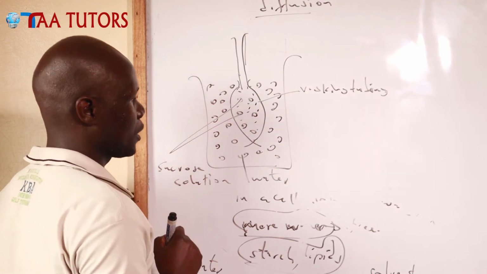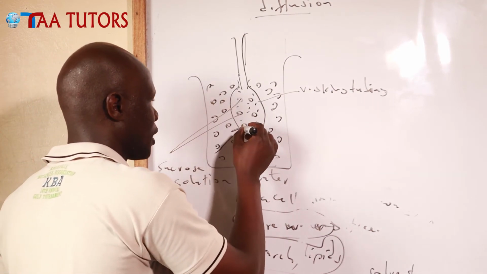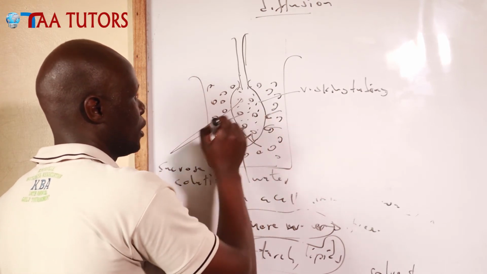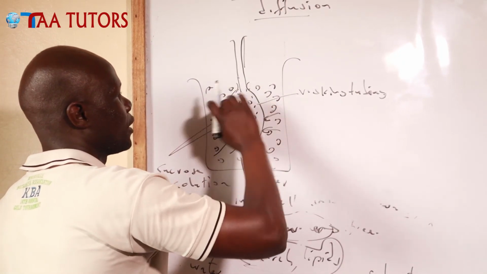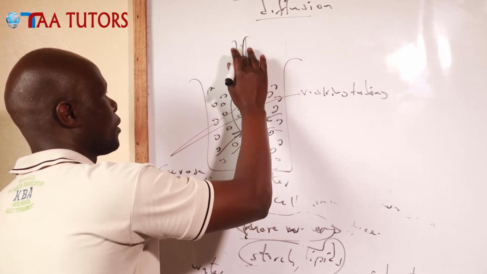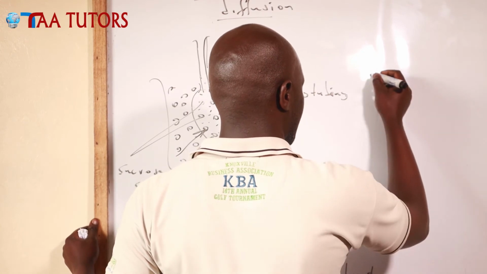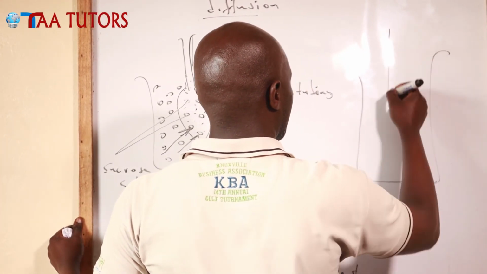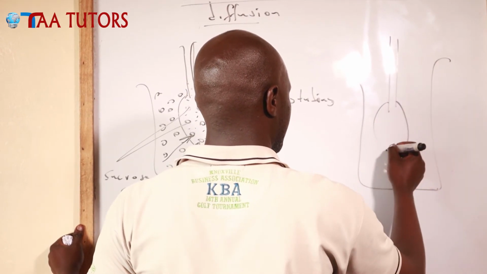So what will happen with time? Now we will see the case whereby the permeable membrane will allow water to move in, because this water is free, so it can move, and then it gets in. Eventually the volume here will increase, and we can see that water is flowing through the tube up here. So in the final diagram illustrating what is happening, I will have the volume really expanding.